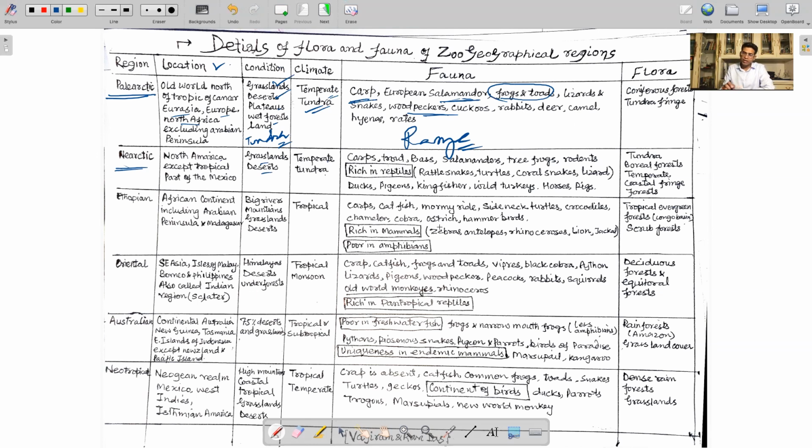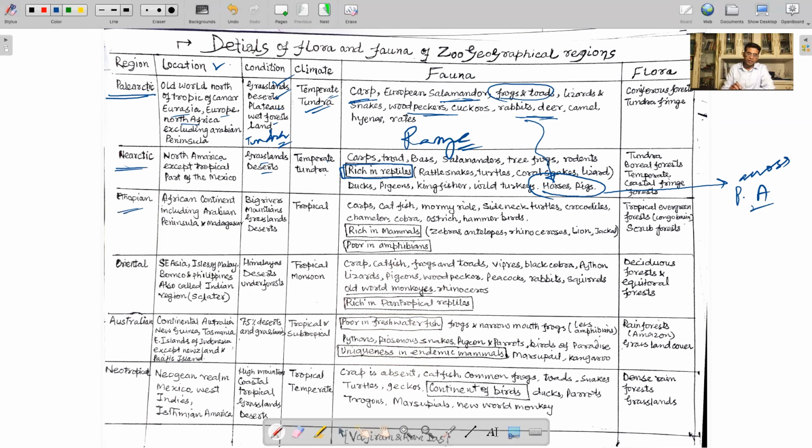And very important here is that they're rich in reptiles. And a very important point I mentioned was that horses and pigs were not originally found here. So these have come from across the Palearctic region. So a lot of life forms from the Palearctic have moved into this because of the land bridge.